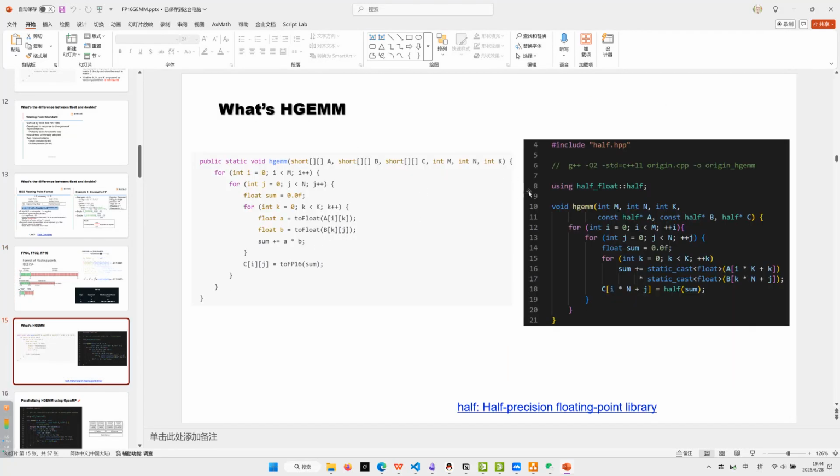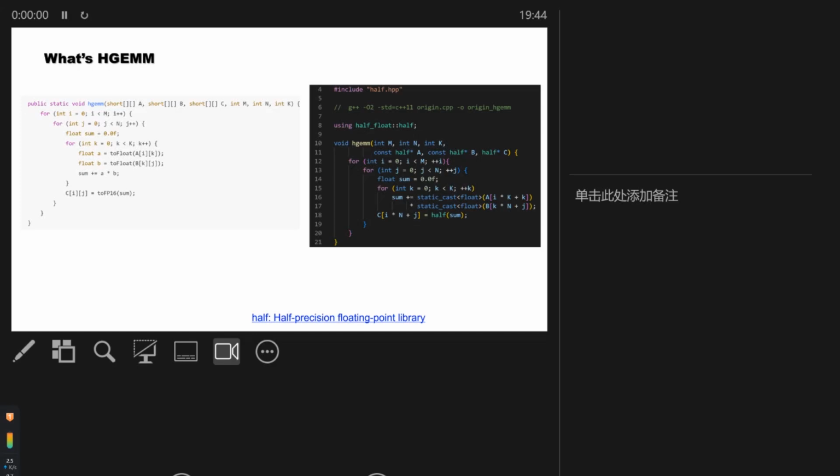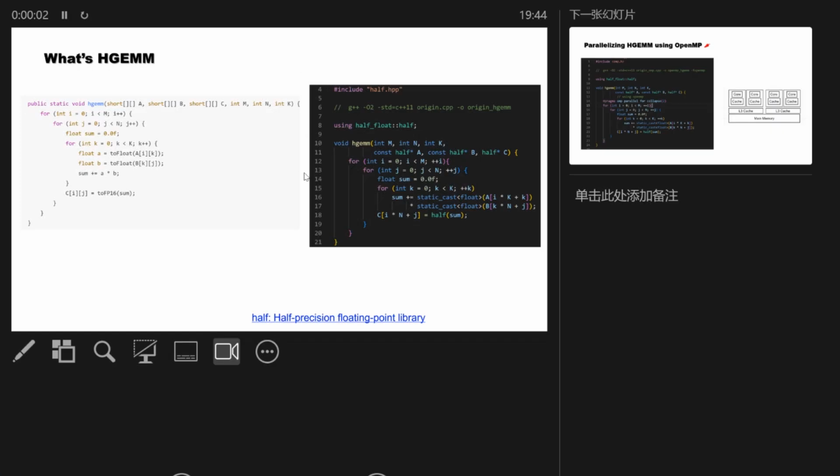So as you can see, HGEMM is mostly what runs for LLM inference or training. This matrix multiplication is mainly for the AIs of today.